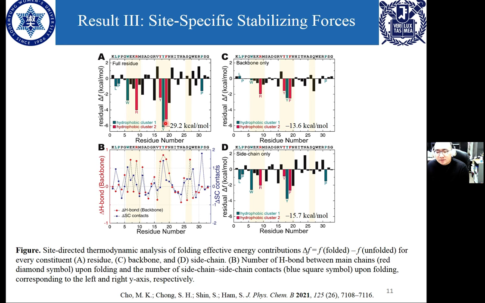In the native structure, on the other hand, their simultaneous formation cooperatively stabilizes the folded structure. This shows that the secondary structure is in general not stable by itself and that hydrogen bond strength is amplified when sequestered in a more hydrophobic environment.